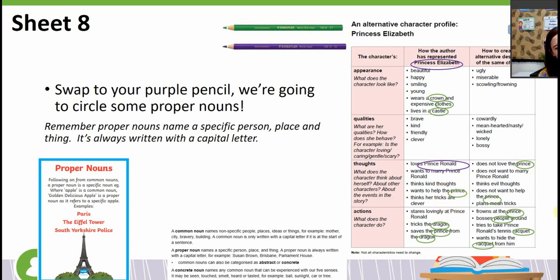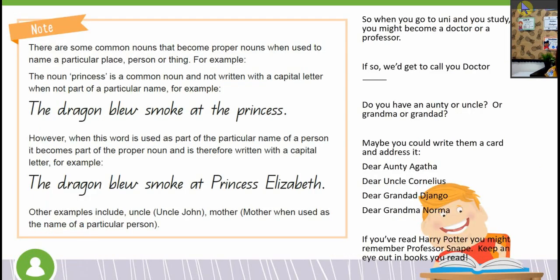It shouldn't take you very long. Okay, and when you come back, I'll just keep circling. There's quite a few proper nouns here. Alright, so you can pop your purple pencil down.